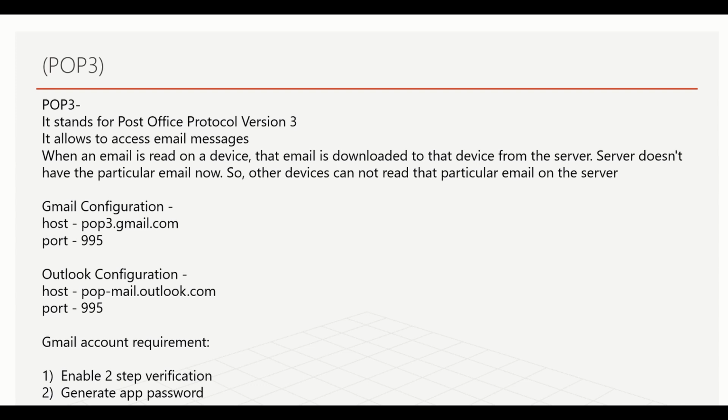For the Gmail account, there is one new thing which I am going to tell you before I start my process. You need to enable two-step verification, which I'm going to show you now, and you need to generate an app's password.